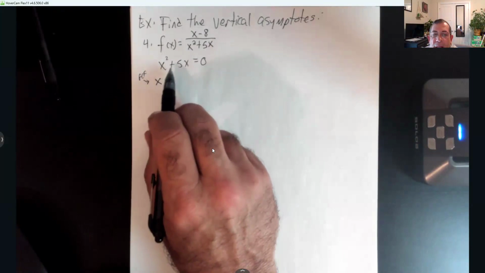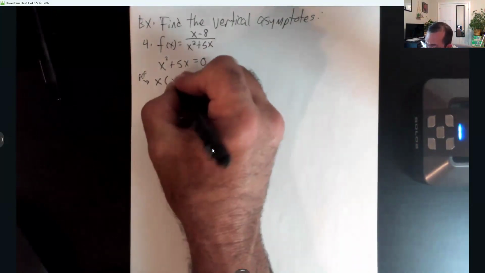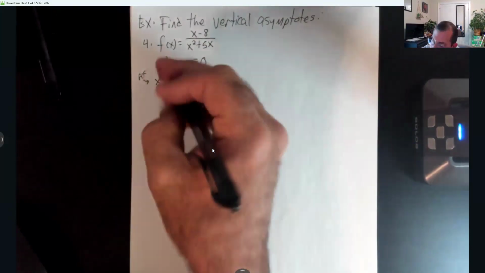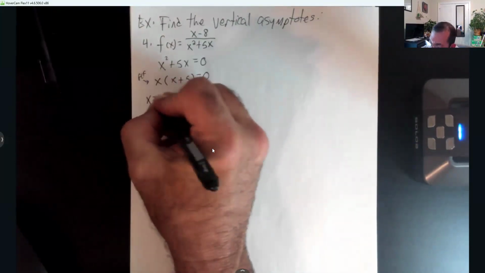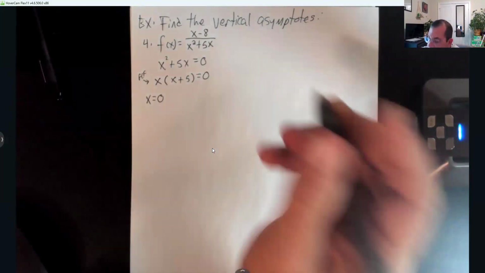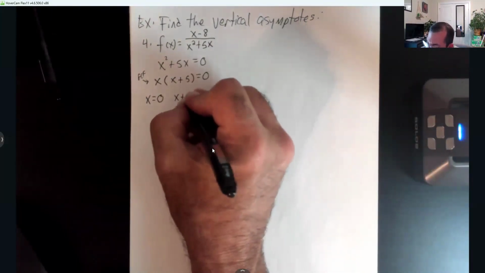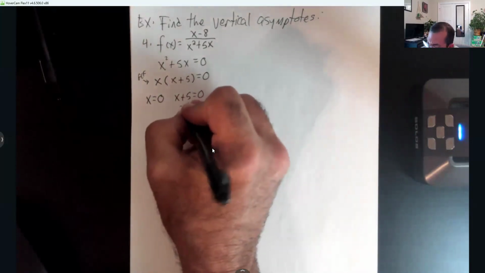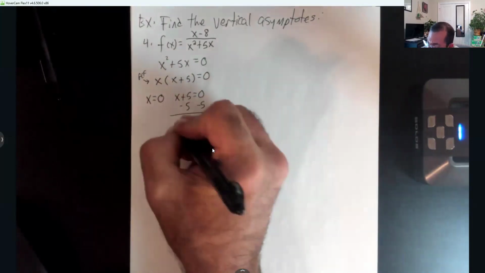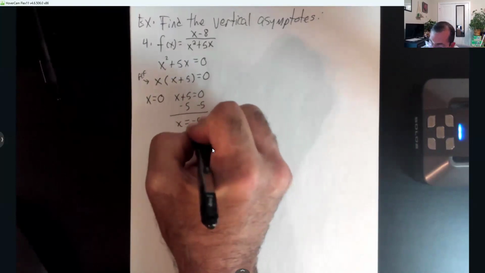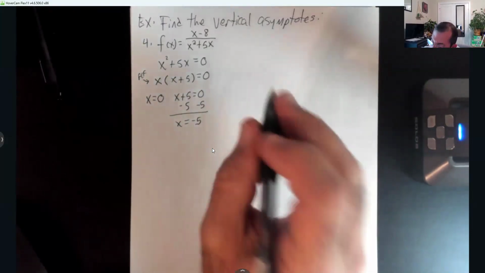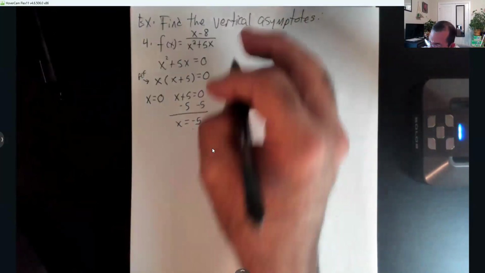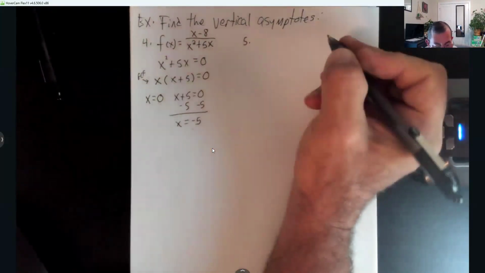So that leaves me x times the quantity x plus 5. Well, we know what the single variable equals. The single variable always equals 0. And then we said x plus 5 equals 0. And we would solve that by subtracting 5, and we get x is -5. So they'll have an answer where they got both of these listed. Choose that one, and we move on.